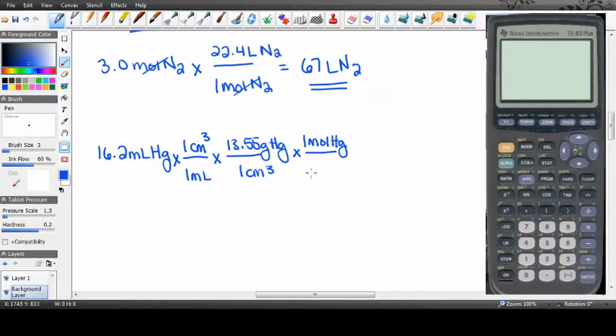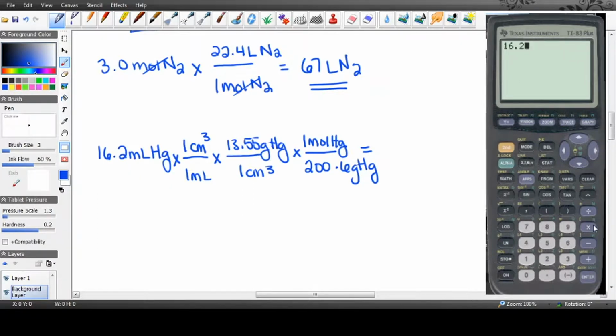200.6. That's a big old molar mass as well. 200.6 grams of mercury. So now it's time to hit up our calculator here. Let's see. Okay, turn that guy on. 16.2 milliliters.